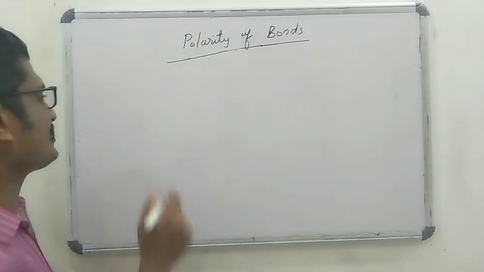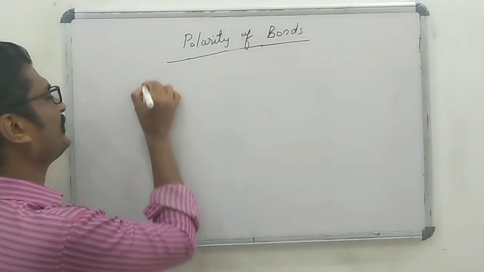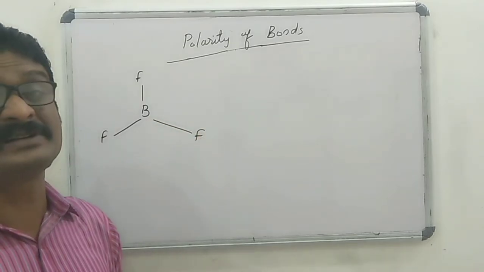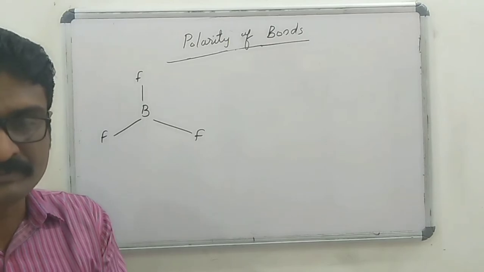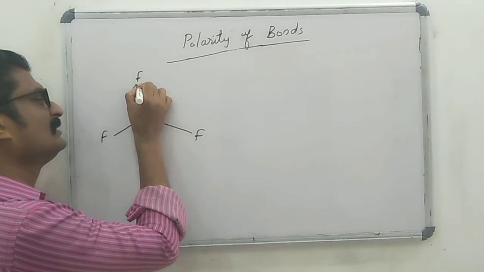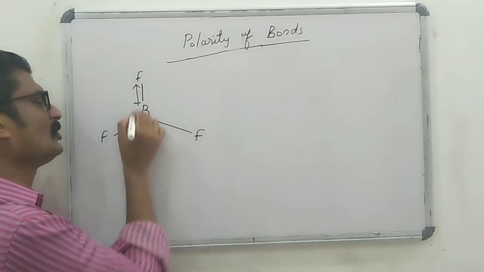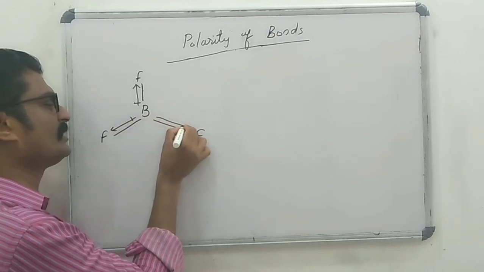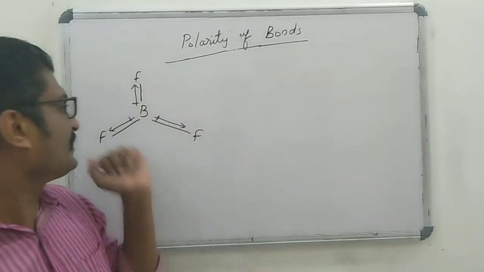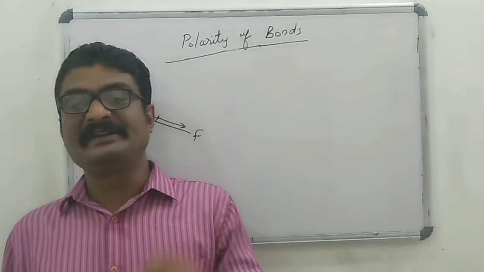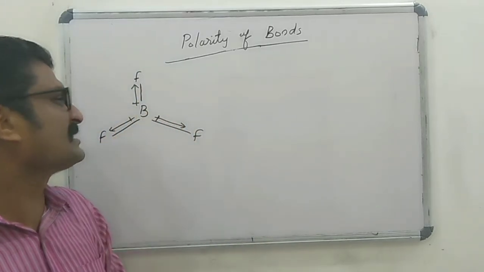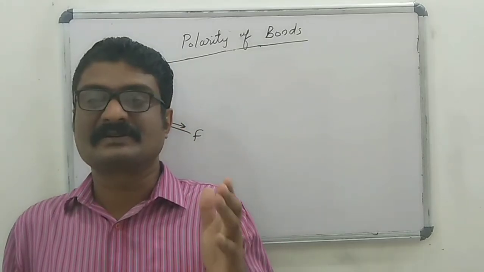For example, in BF3, what is its resultant bond moment? Please listen, in BF3, fluorine is more electronegative, so the bond moment arrow points towards the more electronegative fluorine. Here, the dipole moment of BF3 is the resultant vector representing the various bond moments.